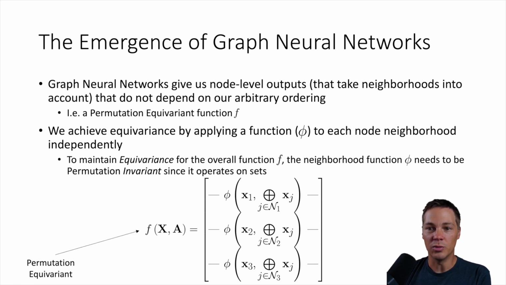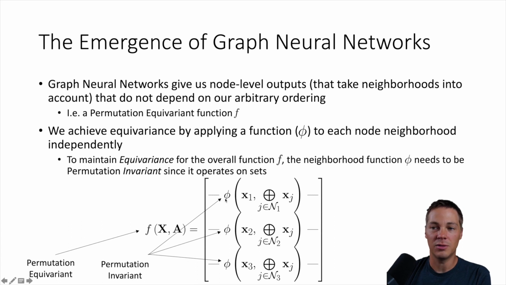So in other words, we get this permutation equivariant function out, which gives us our individual node embeddings. But the way we get that is we apply a permutation invariant function to this set of features here. If this were not permutation invariant, then it would depend on ordering, because we would get different outputs depending on the order we fed into it.